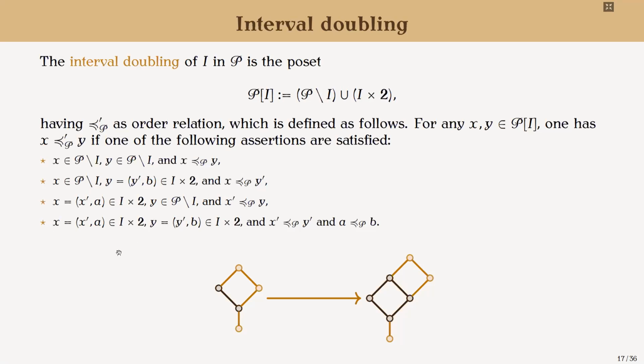And same thing for the two other assertions. So we have to keep something reasonable for the original order.